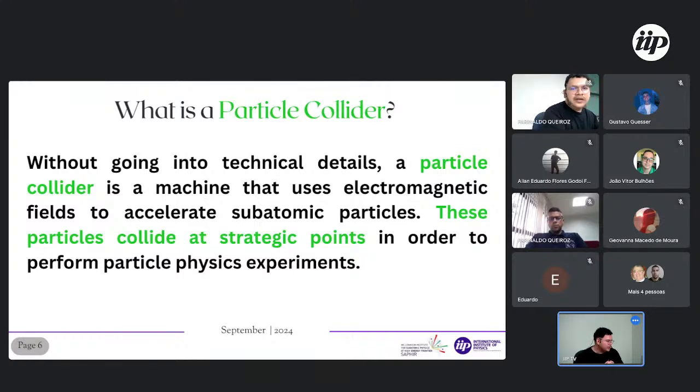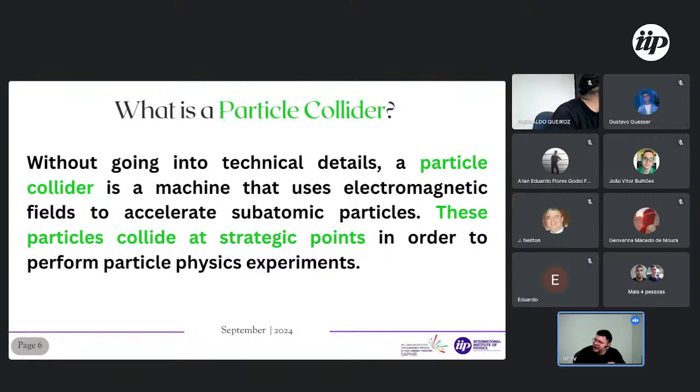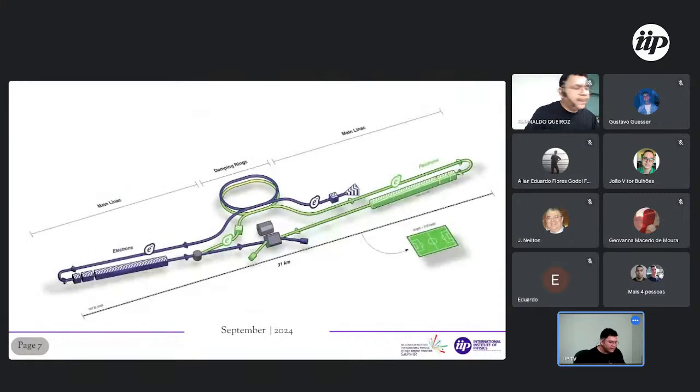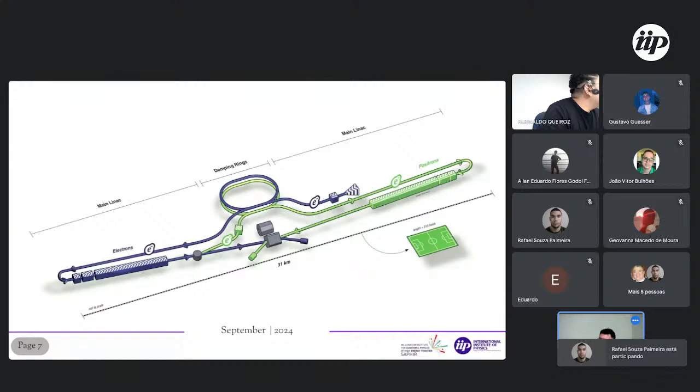So this is a particle collider, and in general there exist 2 types of colliders. For example, in this slide we can see a linear collider that is a future collider. This is the International Linear Collider, which uses 2 beams of electrons and positrons, and the strategic points appear here.